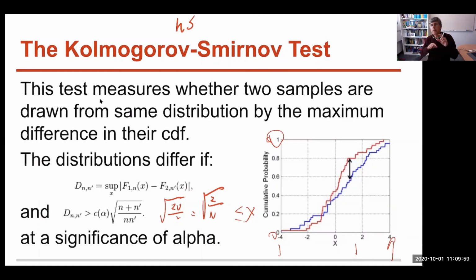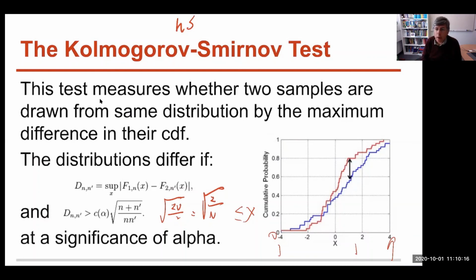That's kind of what this is telling me, right? If the biggest difference, the gap here, is large relative to the square root of the number of samples. Notice everything is normalized, so it goes between 0 and 1. Square root of n is the number of steps on this plot.